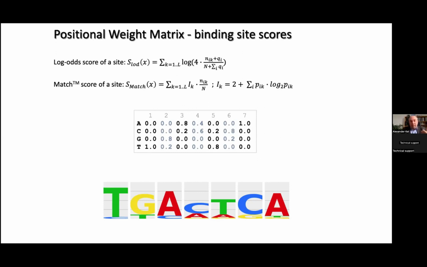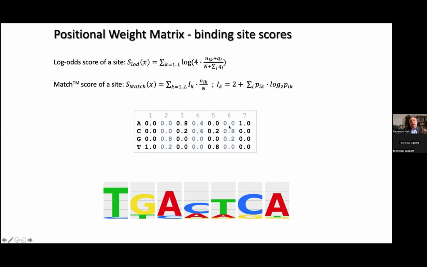Why do we need to know the probability? Because if the observed sequence has a very high probability to be the binding sequence for that factor, we can claim that the sequence we found is a true binding site.